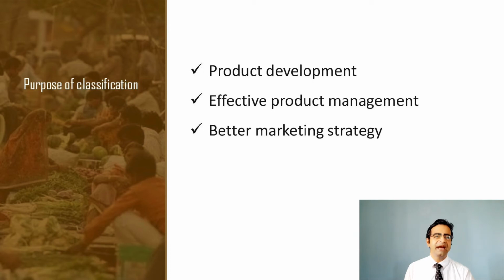I'll reduce the package size. The Lifebuoy which is sold at 20 rupees in cities is sold at 5 rupees in the village, even more. Though the 5 rupee pack is also available in the city, the 20 rupee pack which is sold more in the cities is less sold in the rural area. That's why these are for effective product management.